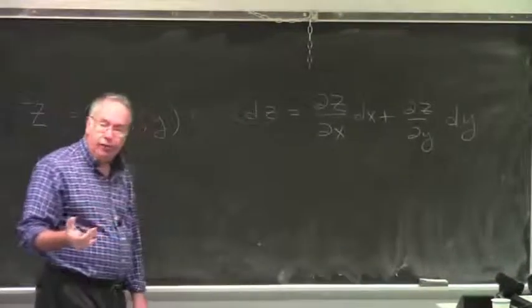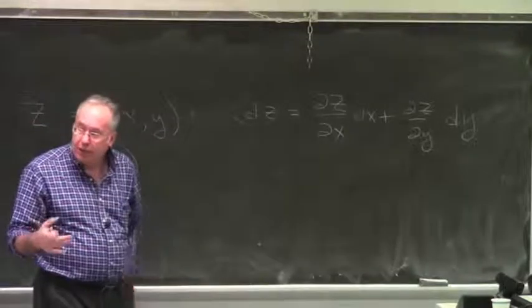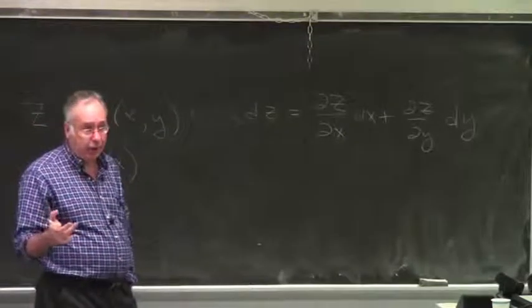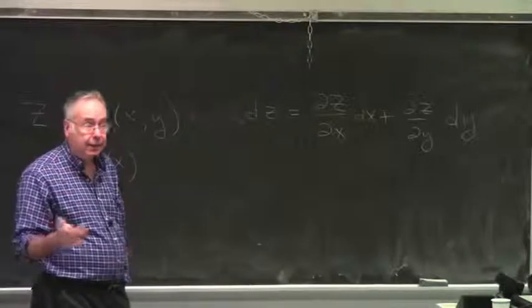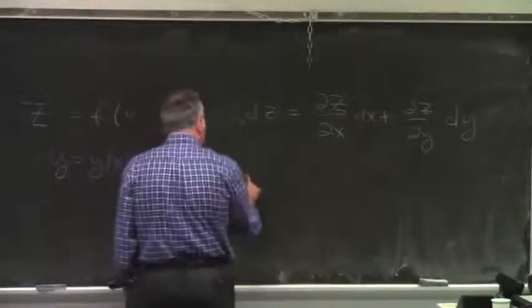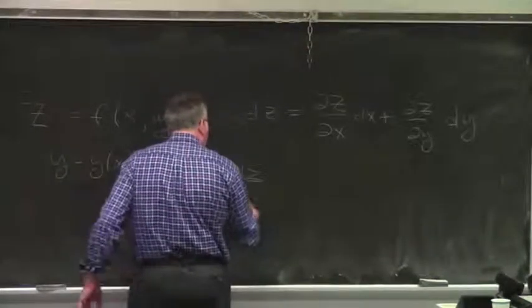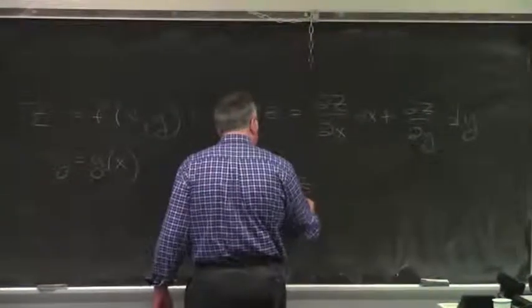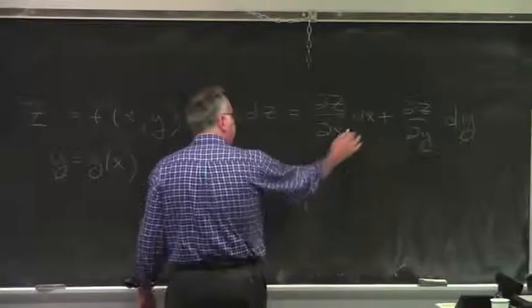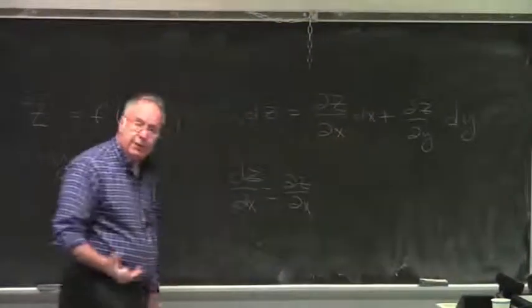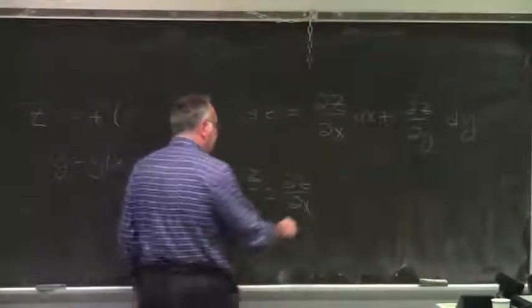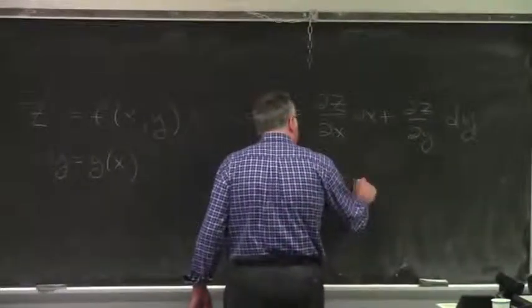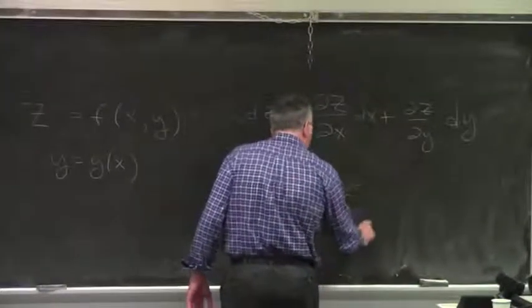But if we want the derivative of z with respect to x, all we have to do is divide both sides of this equation by dx. Doing so, we get dz dx equals partial z partial x. Notice by dividing dx by dx, that's just 1. Plus partial z partial y dy dx.